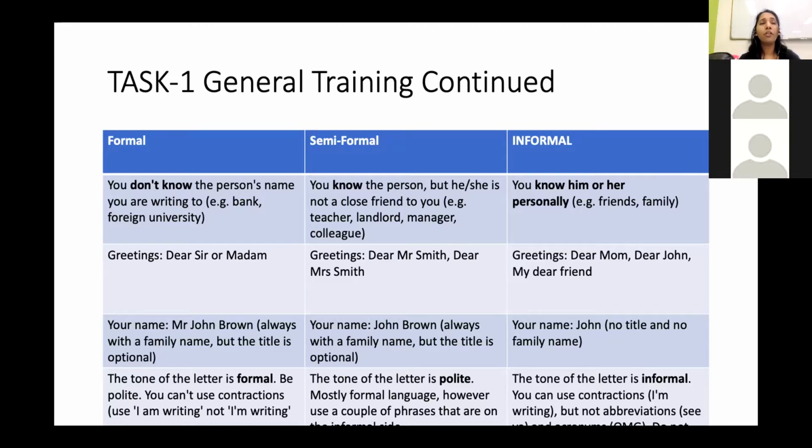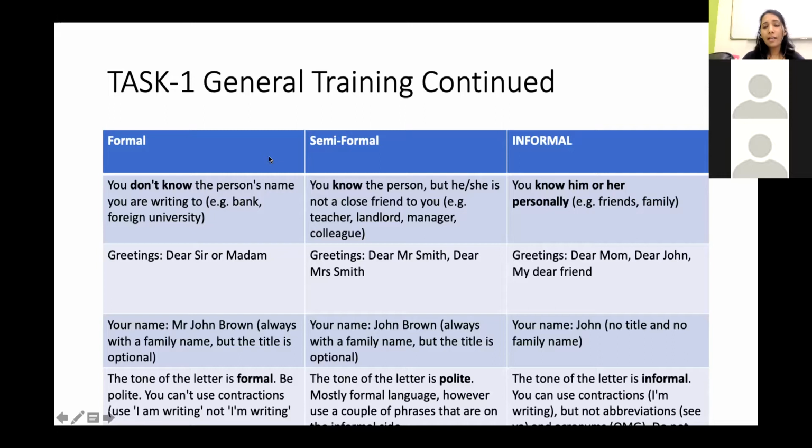You could even have a good relationship with that person, but if you're writing it for a professional reason, then it should be a semi-formal letter. The greeting begins as dear Mr. and you put in the surname. I've seen students who write dear Mr. and put in the first name, which is wrong. So the designation Mr. or Mrs. is followed by the second name of the person. Or you can put in the full name, the first and second name.